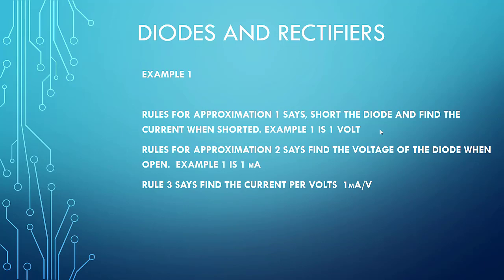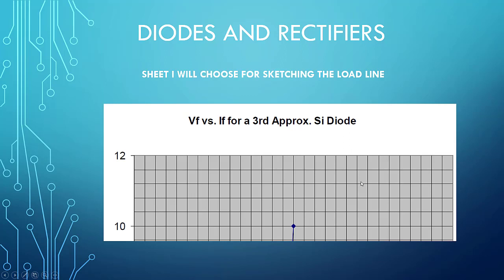But now we're finding the load line, just how we graph this load line. So what's the diode voltage when it's shorted? What's the diode voltage when it's open? And then rule 3 says find the current per volts.